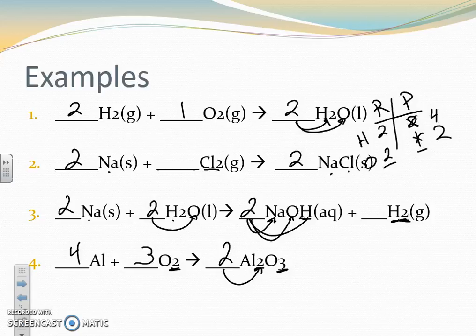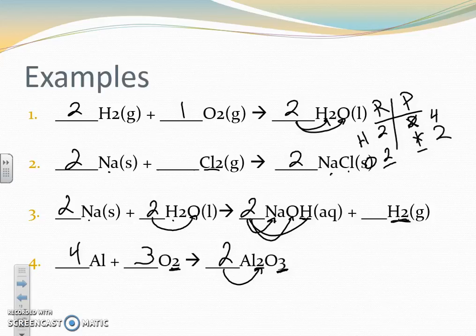Something I didn't say is always check to see if you can reduce. A lot of times that means divide by 2 or divide by 3. If I divide this by 2, I get a whole number. If I divide this by 2, I don't get a whole number. So I can't divide by 2.